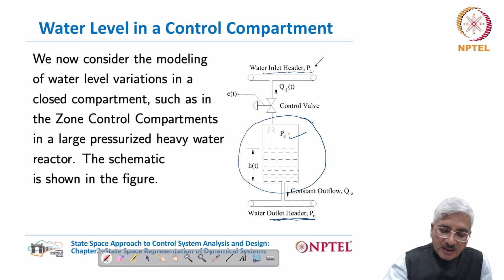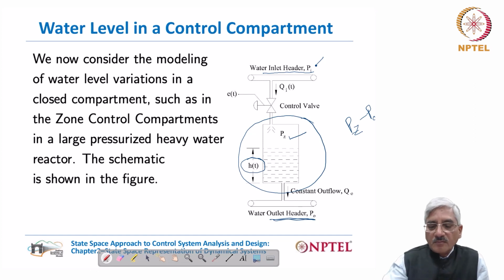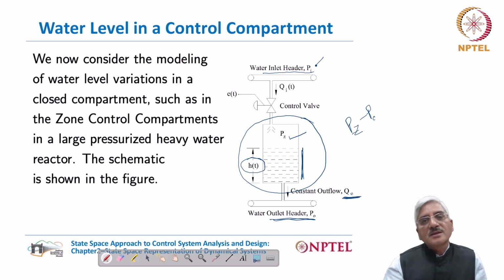So actually, PZ is maintained relative to P0 at a higher level compared to the pressure equivalent of H. So essentially, PZ minus P0, the compartment pressure minus the water outlet pressure, is much larger than rho g into H. And so the level variations in the compartment will not reflect into significant changes in the output.